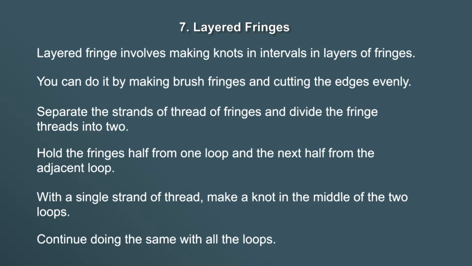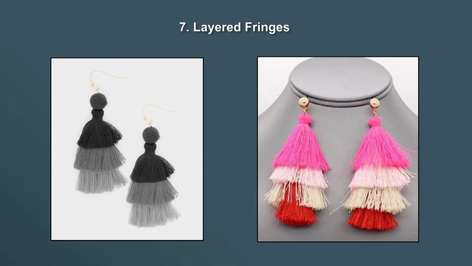Hold the fringes half from one loop and the next half from the adjacent loop. With a single strand of thread, make a knot in the middle of the two loops. Continue doing the same with all the loops. The image here shows layered fringes on women's earrings.